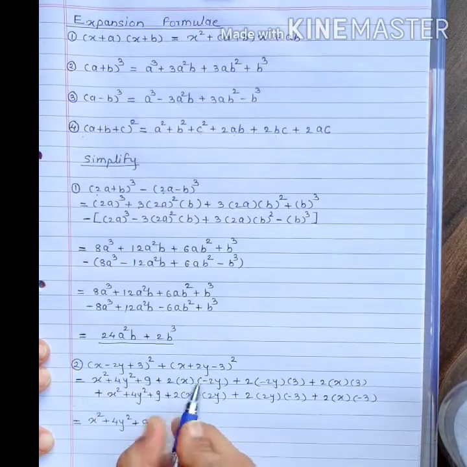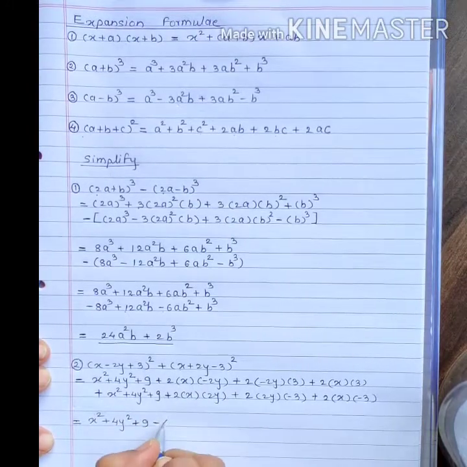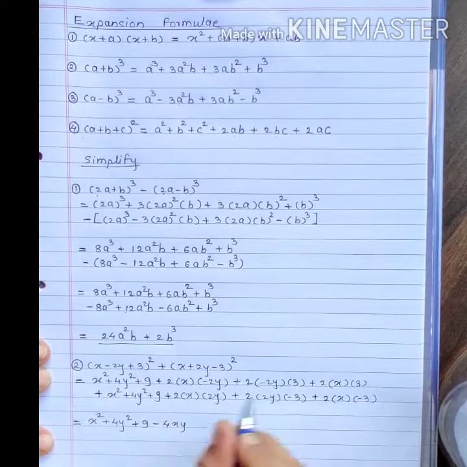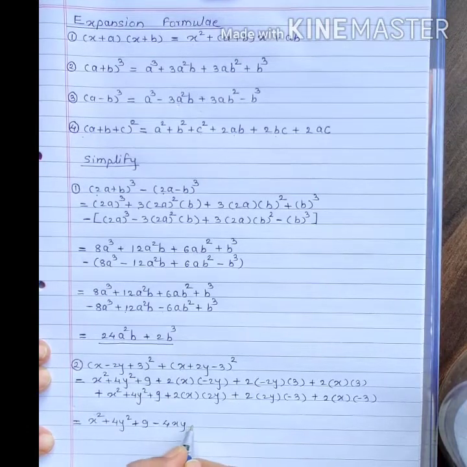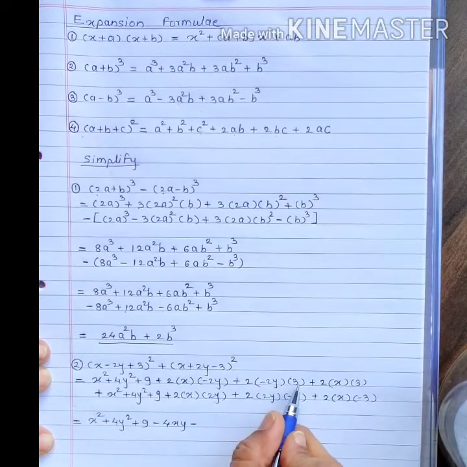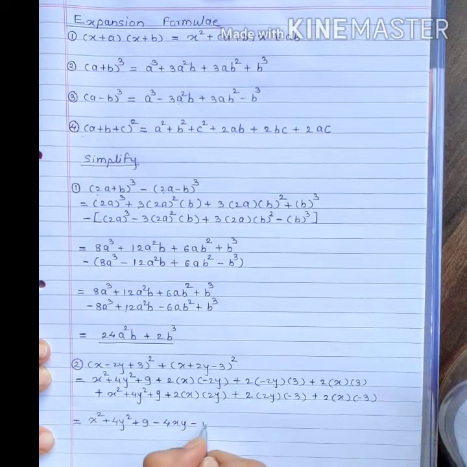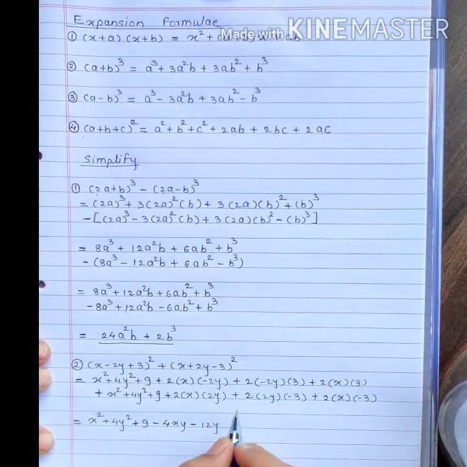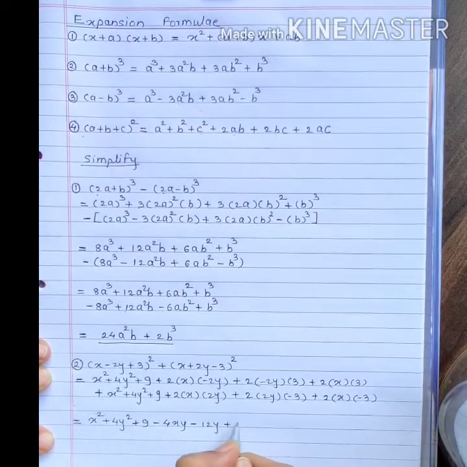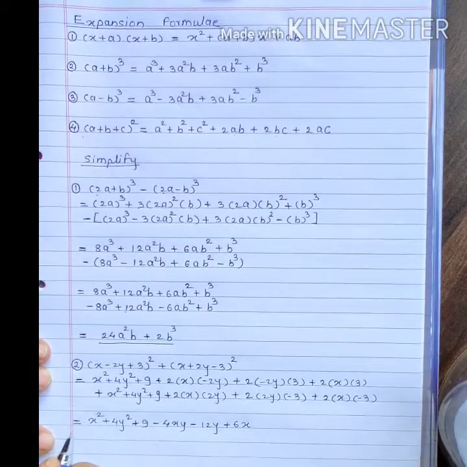Plus into minus is minus, 2 into 2, 4xy. Again plus into minus, minus 2 into 2 into 3, 12y, plus 6x.